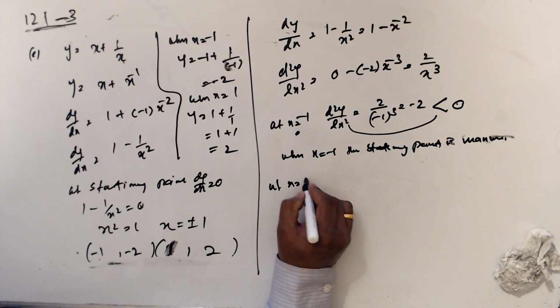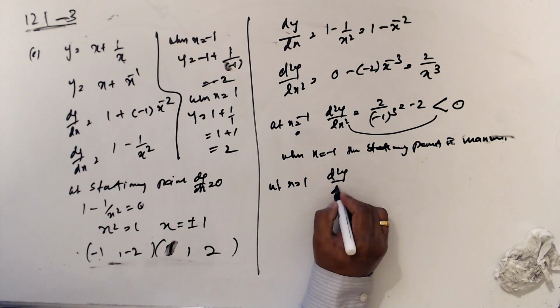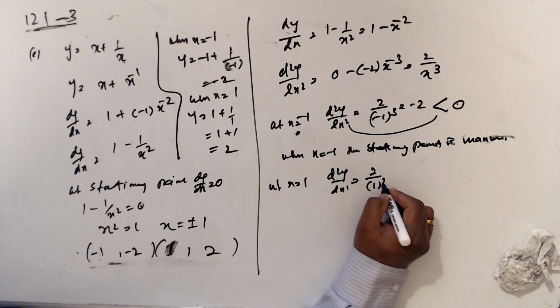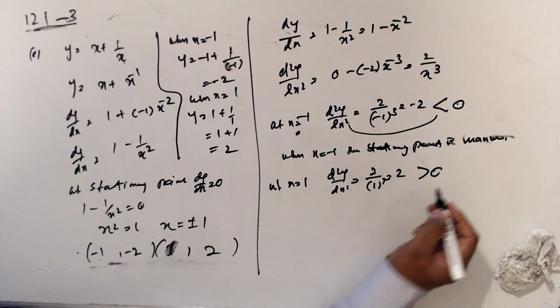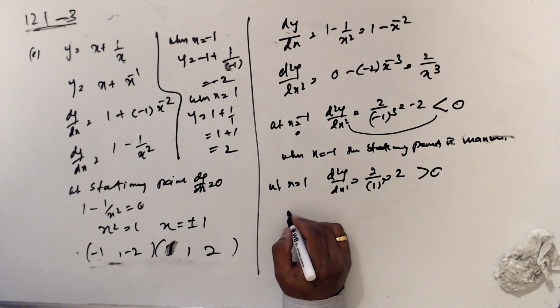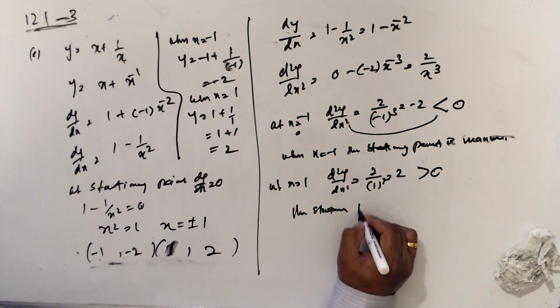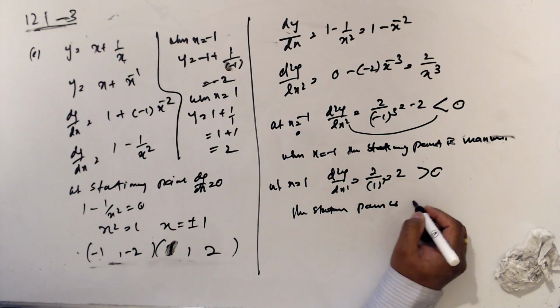At x equal 1, d square y over dx square is 2 over 1 cube, which is 2, greater than 0. The stationary point is a minimum.